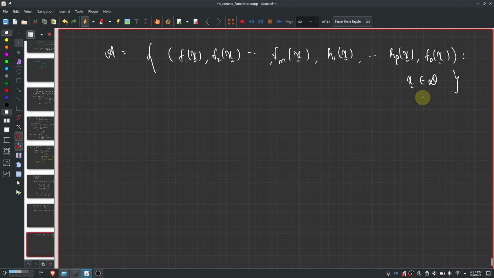So this is an m plus p plus 1 dimensional vector. So this lies in R^(m+p+1). I'm listing all possible values of these constraint functions, not necessarily for x satisfying the constraints, but for all possible x.